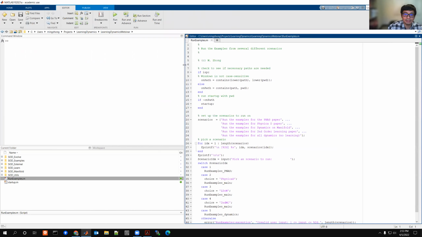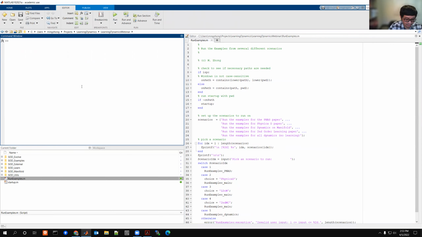So if you run the run examples routine, it will ask you to run the examples that we have for each paper. Okay, so we have the PNAS paper, the Physica D paper, which talks about the long-term behavior. We have the dynamics on manifold paper, and also the second order learning paper that discusses the anticipation dynamics.